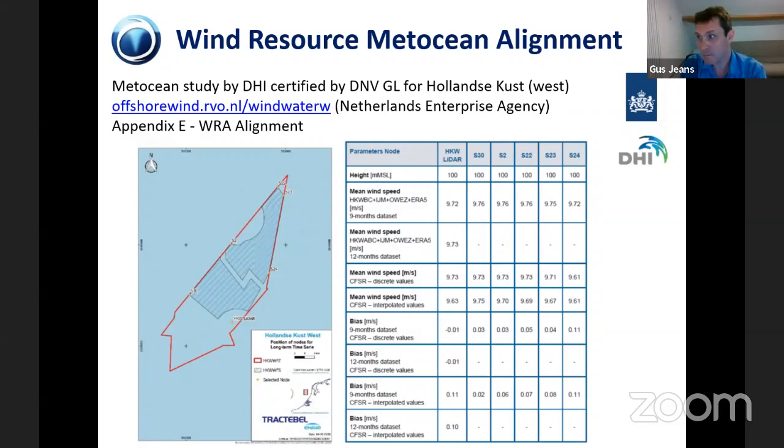The Metocean studies have been undertaken by DHI primarily, and there's a link there to one of their most recent public domain Metocean criteria reports for the Hollandse Kust West development that's now being taken forward. These pictures are taken from an appendix from their report, which is specifically dedicated to the topic of wind resource assessment alignment.